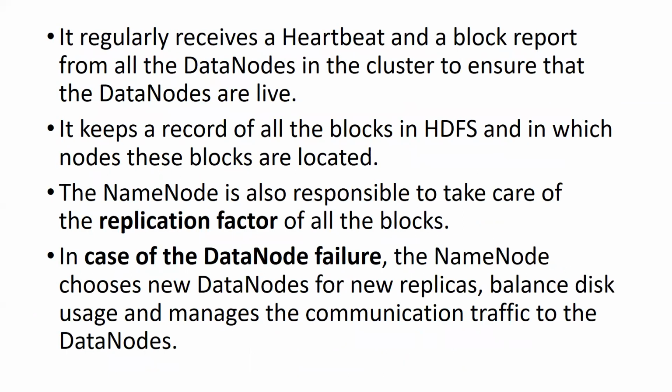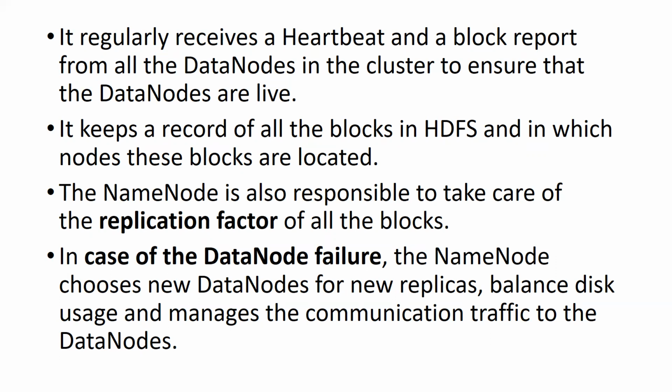The name node receives the heartbeat and a block report from all data nodes. Heartbeat is nothing but periodically it will update what information is stored in the data node. Everything will be updated periodically, and it keeps a record of all the blocks in HDFS. Here we have one term called replication factor. It is nothing but, if we have one block of data, how many times it is replicated among the data nodes.